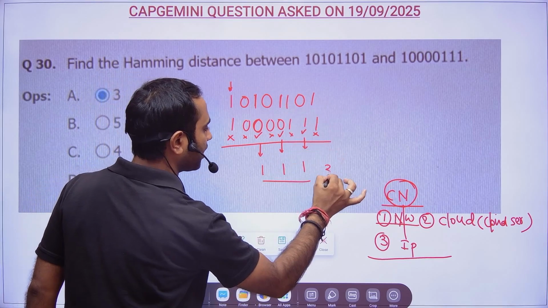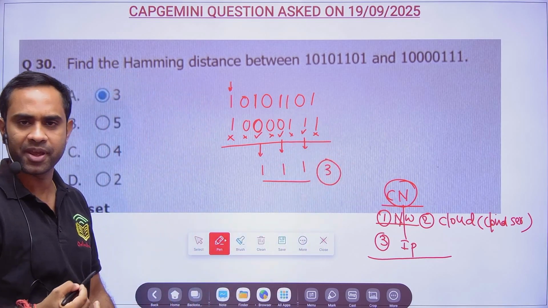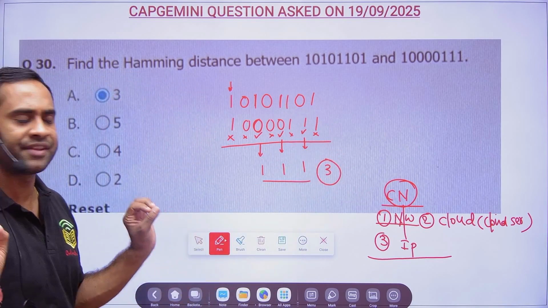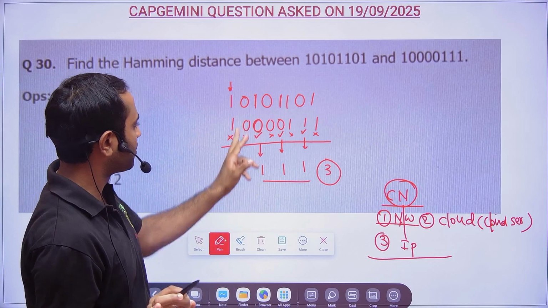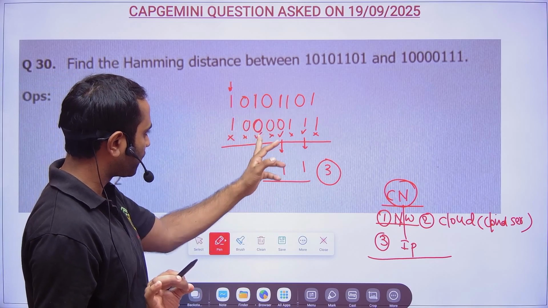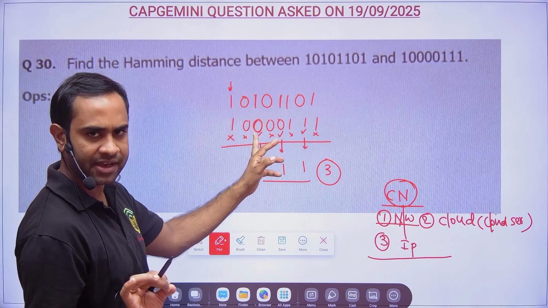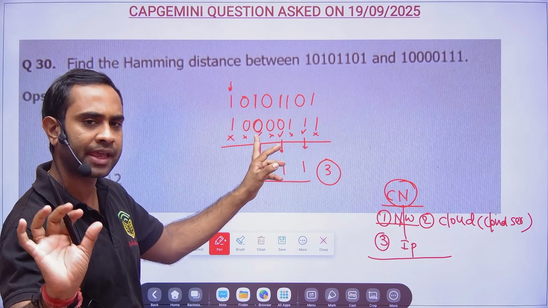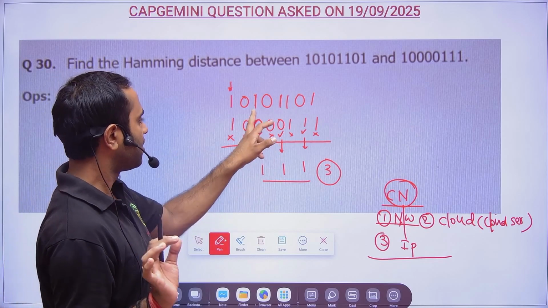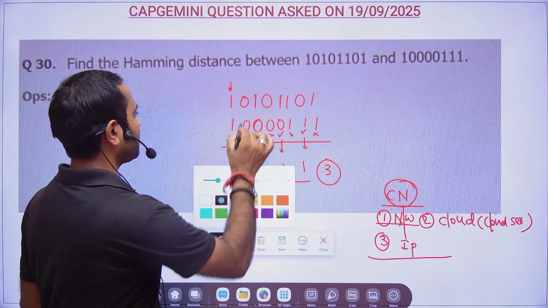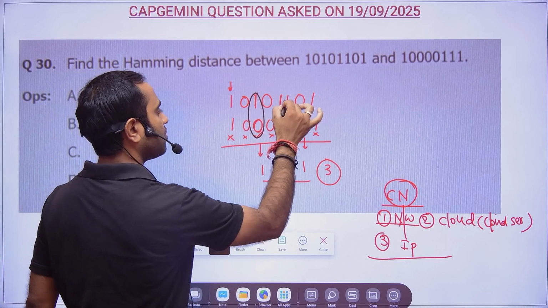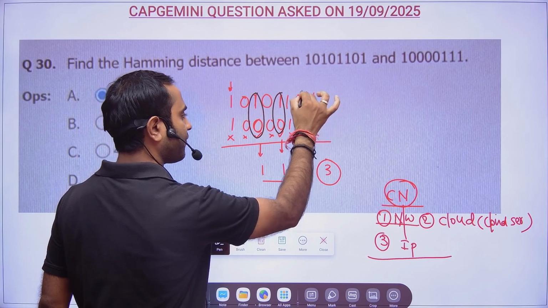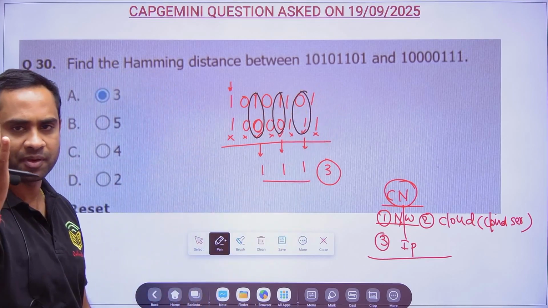So total 3. The Hamming distance between them will be 3. That's all, a very simple approach. You just count: in front of the digits, if it is different, you count it as a Hamming distance. Clear? So total Hamming distance will be 3.